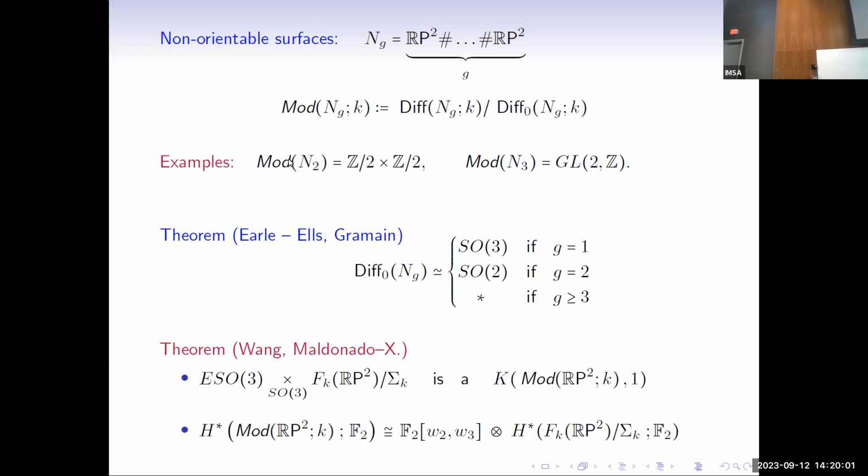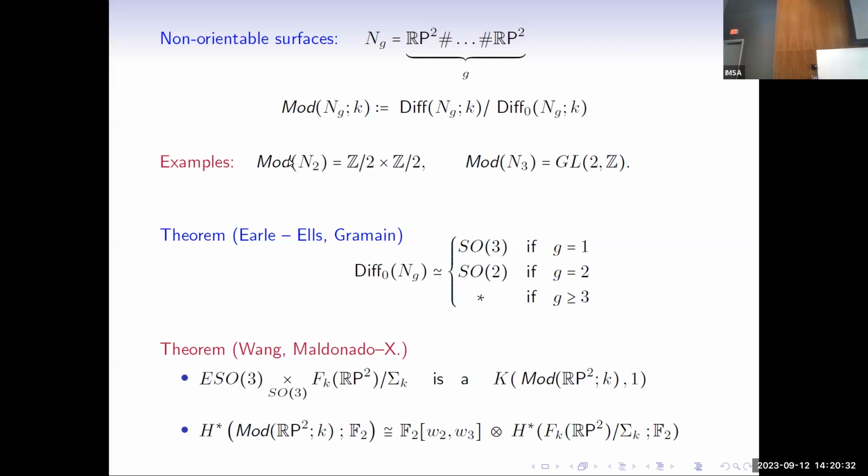So it's very clear that the symmetric group acts on this space, and we can think of the unordered configuration space. Well, SO3 acts by rotations on RP2, right?